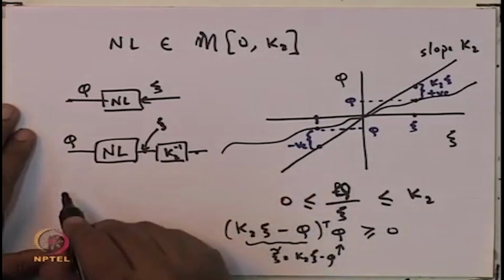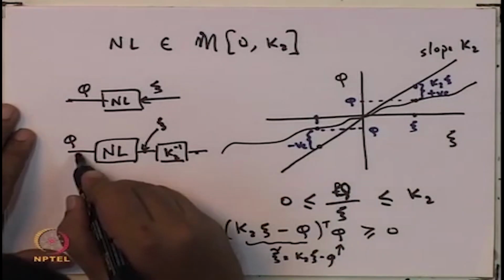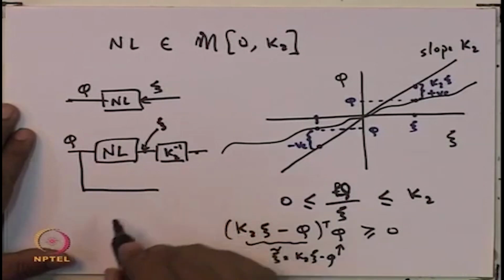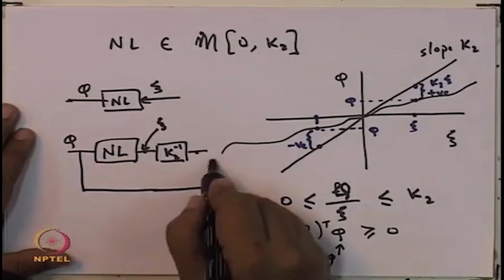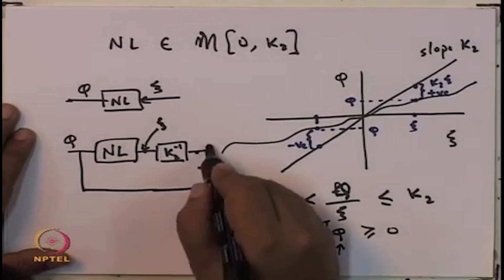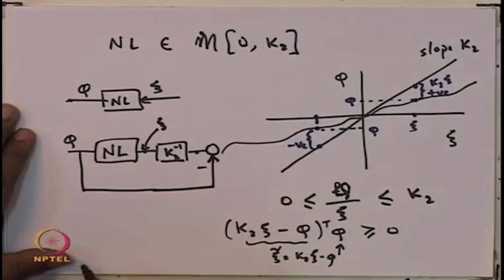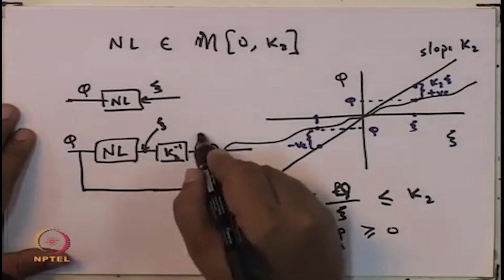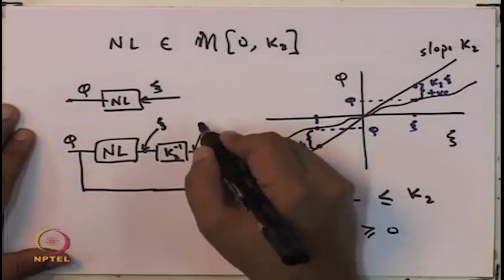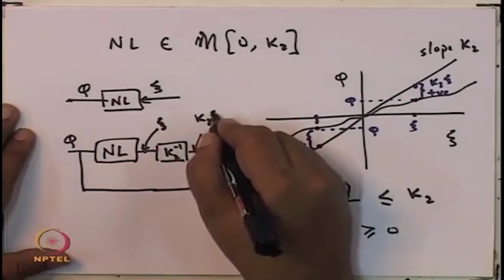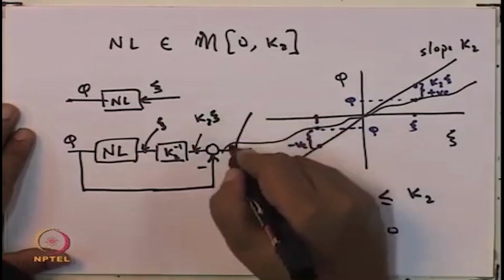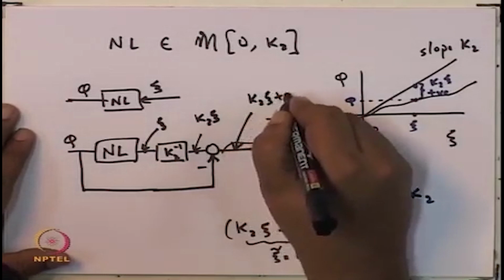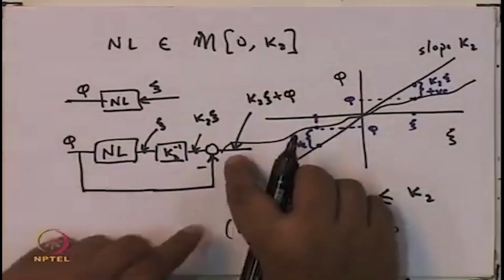And so, now I would use this output, and I feed this back. So, now if I am to get psi here, what I should get here is K2 times psi.